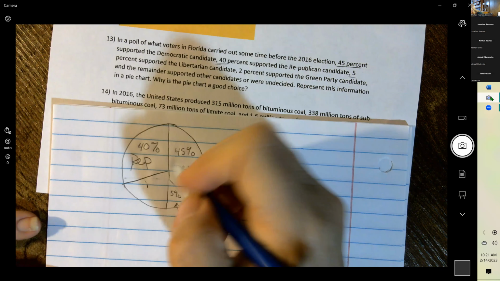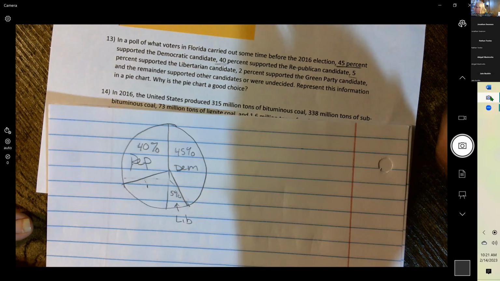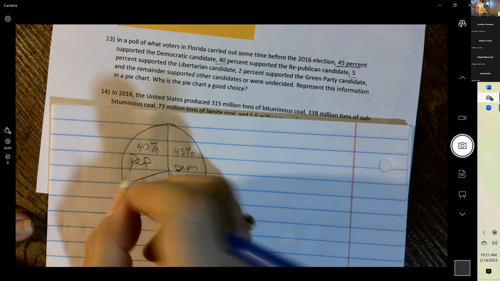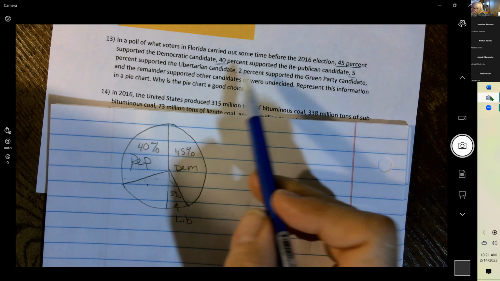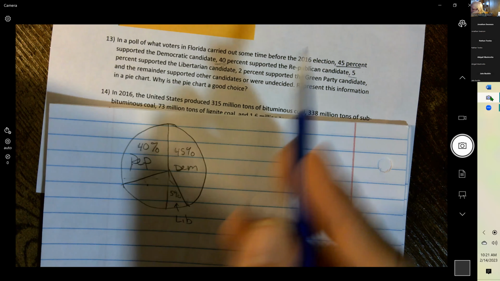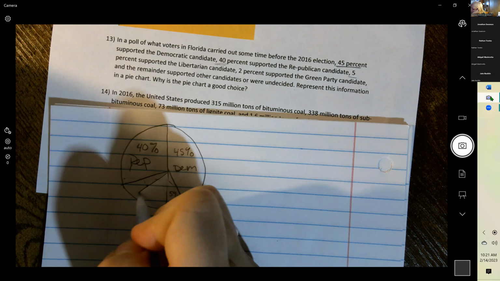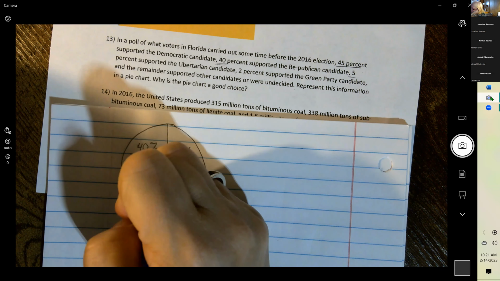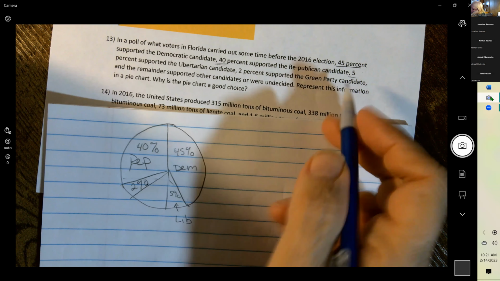It wasn't in the middle. That looks better. And 2% Green Party.